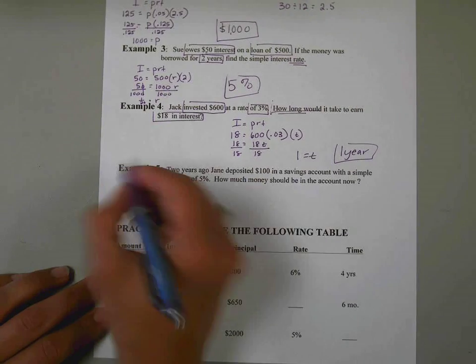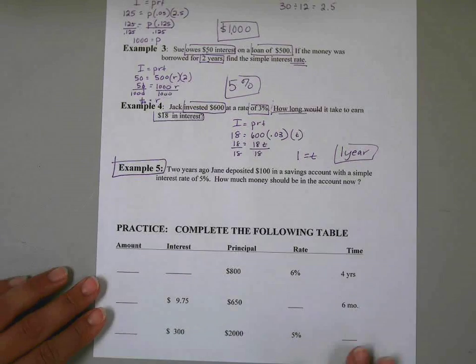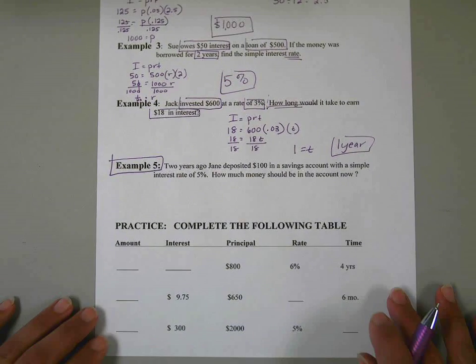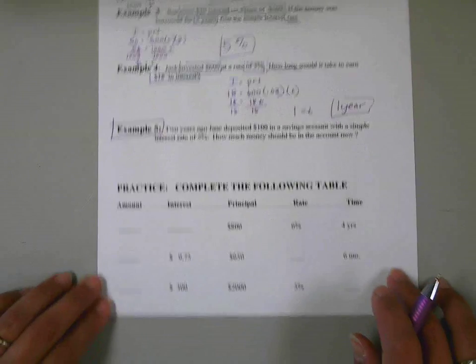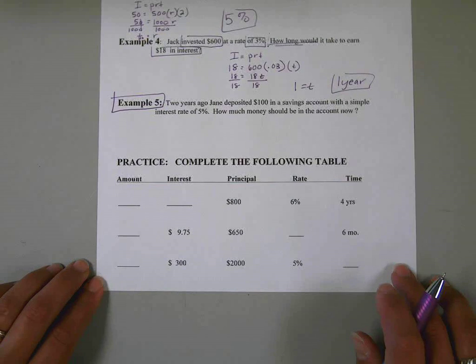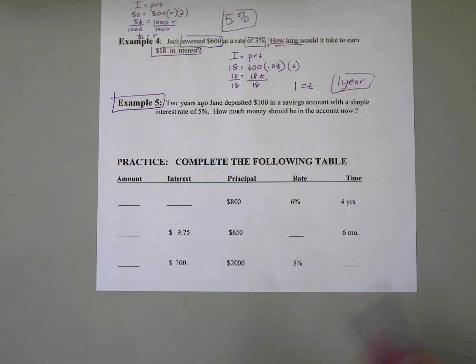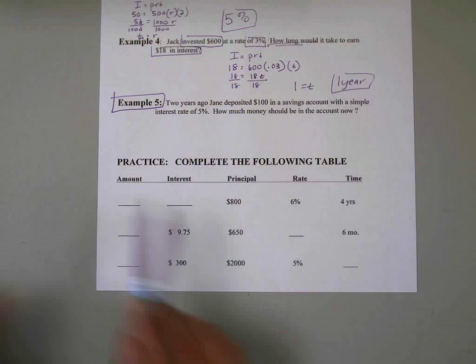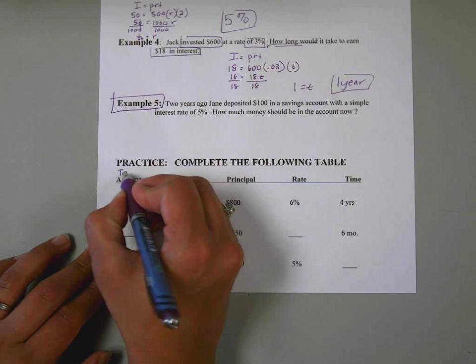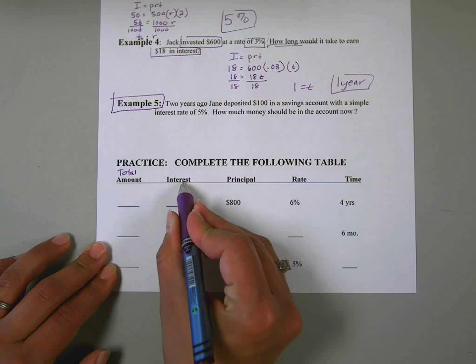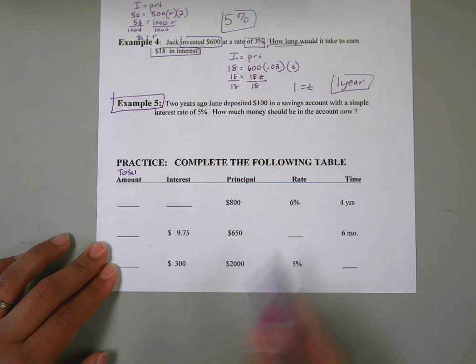I'd like for you to try example number 5 on your own, and we'll check that in class tomorrow. Now here we have a little table, and this is just some extra practice to make sure you understand how to solve. So here we have the amount. That's going to be our total amount. That's going to be the interest plus the principal.